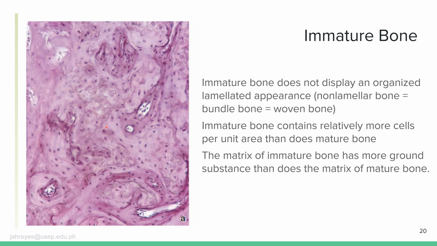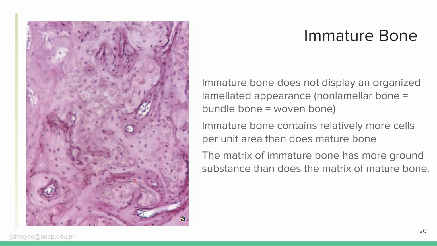So the mature bone, when they undergo secondary mineralization, that is more evident, and they are darkly staining compared to the immature bone. So the bone tissue initially formed in the skeleton of the developing fetus is called an immature bone.